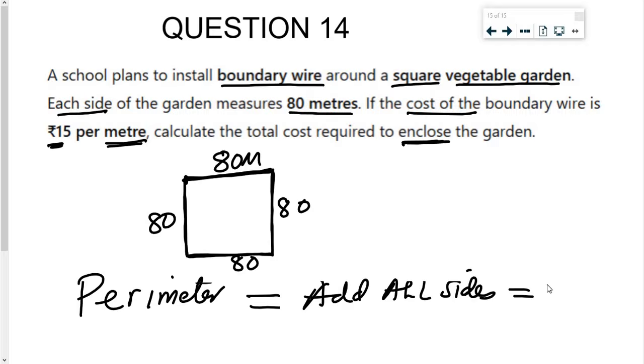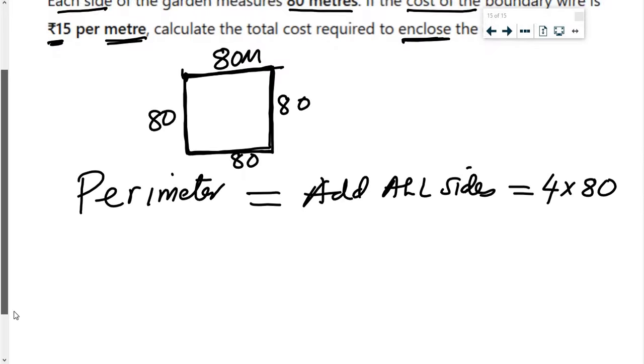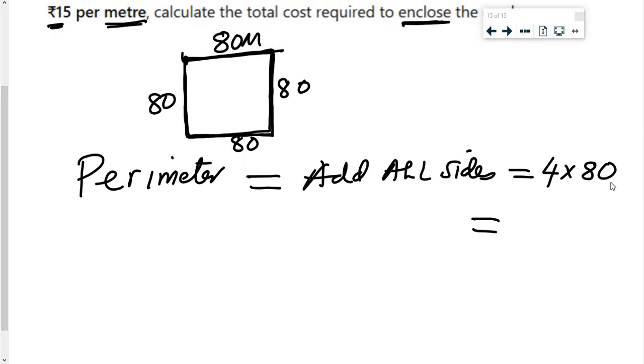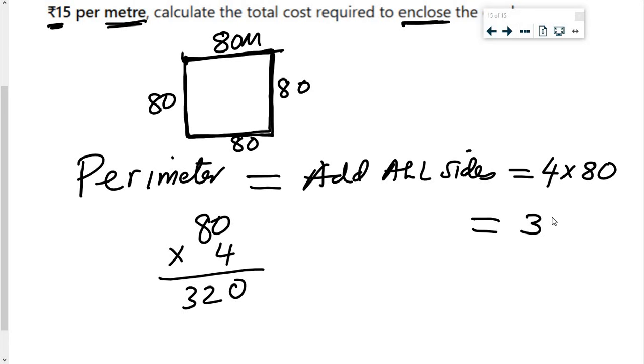In other words, just do 4 into 80, because it is 80, 4 times. Answer here will be 4 into 80, 320 meter. That is your perimeter.